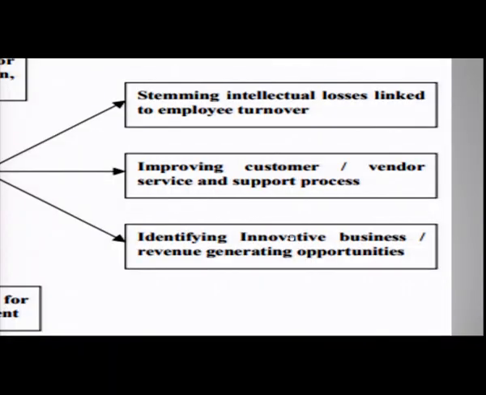So, these are the areas wherein knowledge management is being used. This is how it is being used in organizations, and it is again an important concept. How is knowledge management used in organizations? It is used through stemming intellectual losses linked to employee turnover, improving customer vendor services and support processes, and identifying innovative business and revenue generating opportunities.